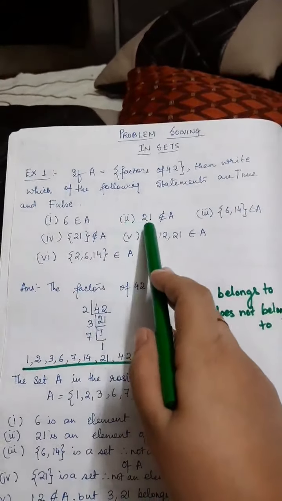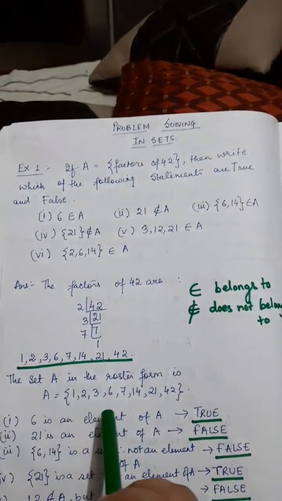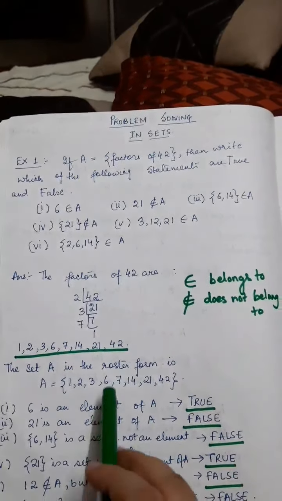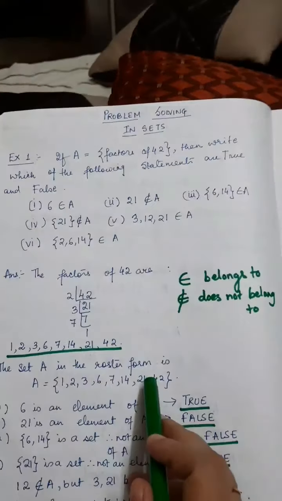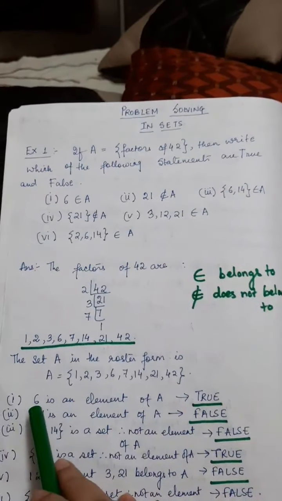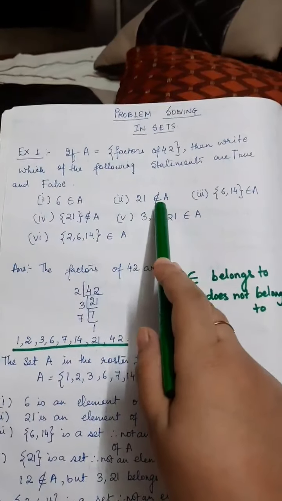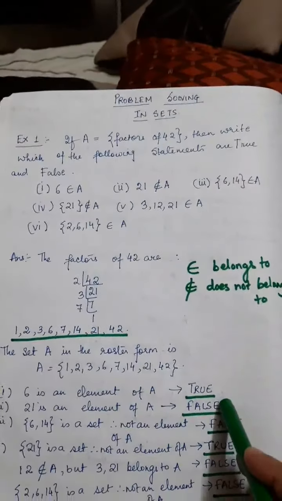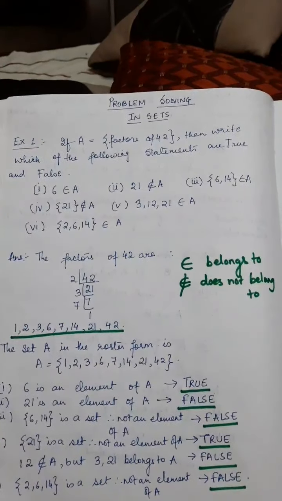Number 2. 21 does not belong to A, but 21 actually belongs to A. So the second one is false. 21 is an element of A. So it should be belongs to A, but here it is given does not belong to A. So it's false.